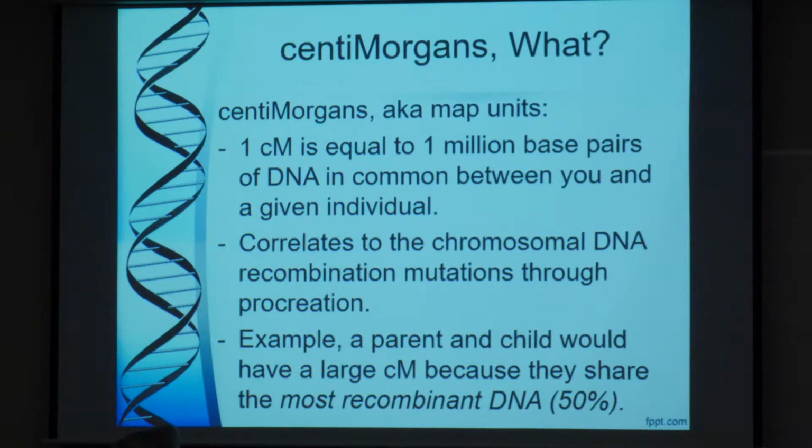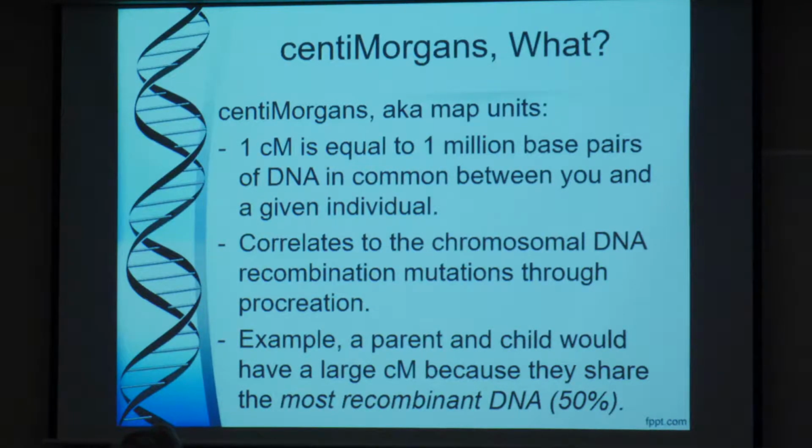In the course of mutating and recombination, you get new traits in that individual. A lot of those traits are related back through the generations to your parents, your grandparents, and so forth. We can track these things, and they correlate to what we call centimorgans. So the more centimorgans you have in common with another individual, the closer you're related to them, okay?